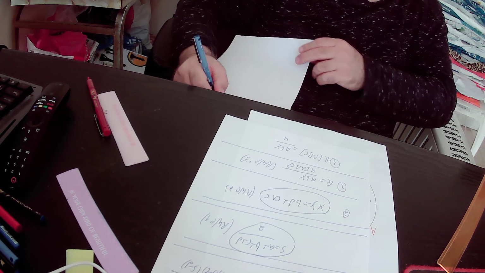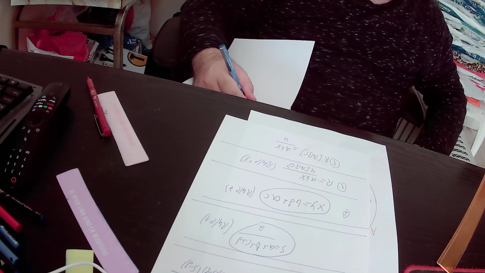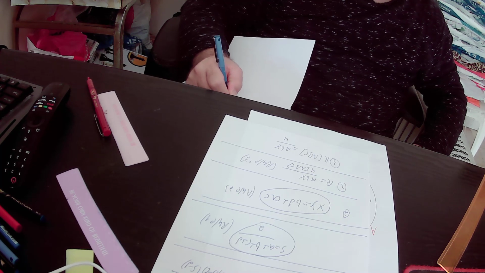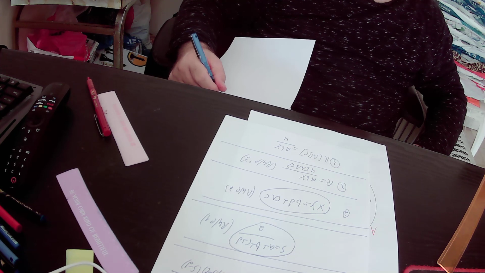Okay, so according to equation number 3, the area of triangle ABC will be equal to ABX over 4R.